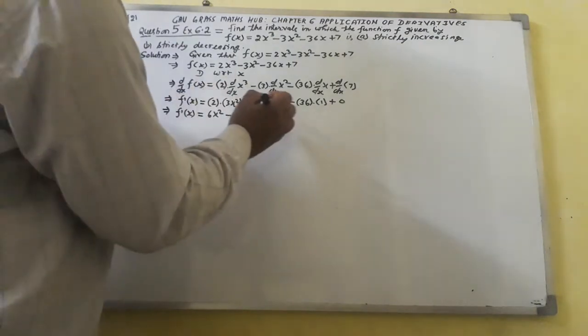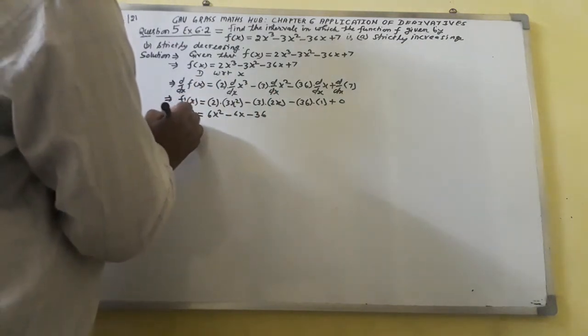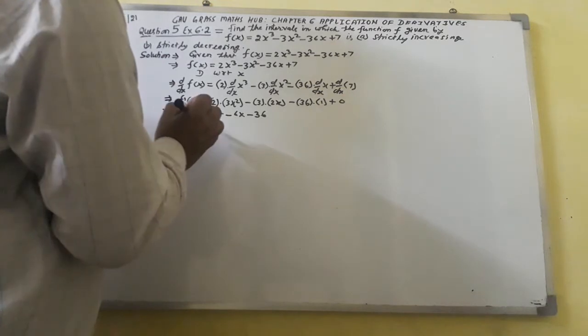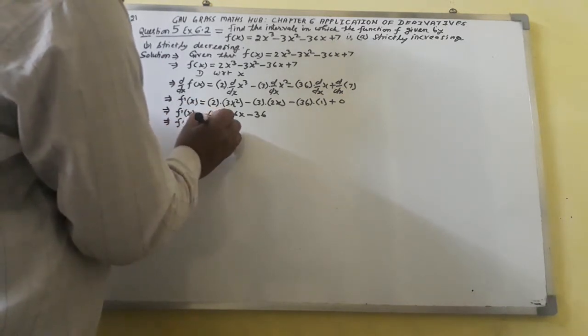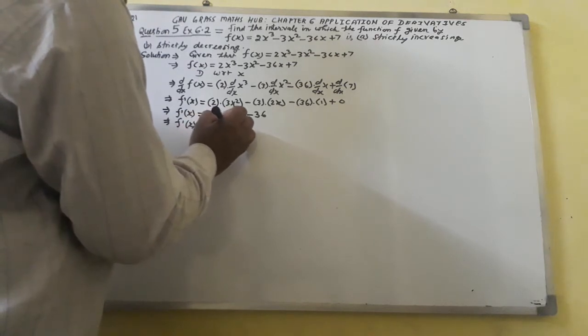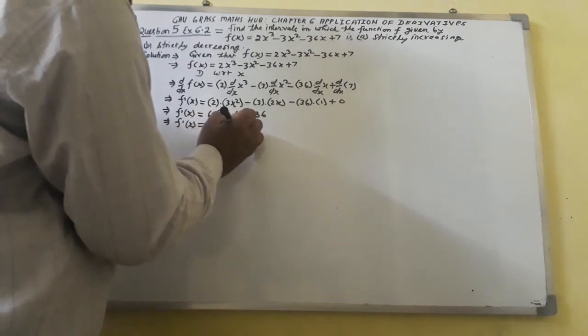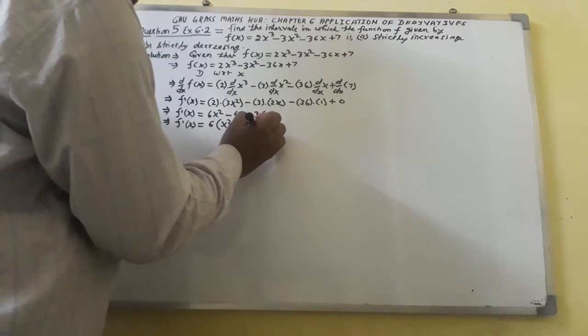Taking 6 as common, in the bracket we shall get x square minus x minus 6.